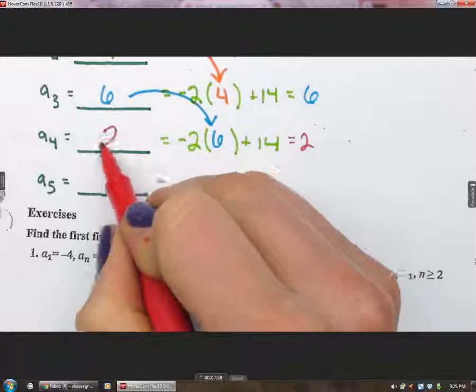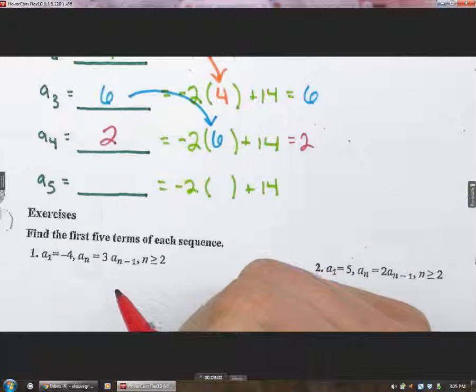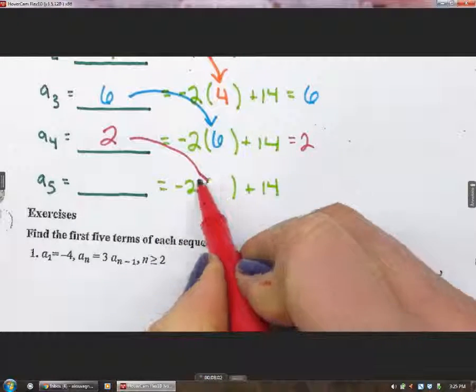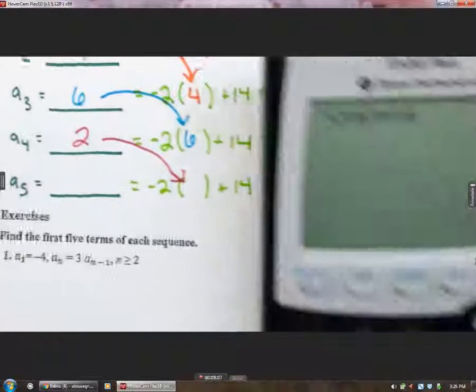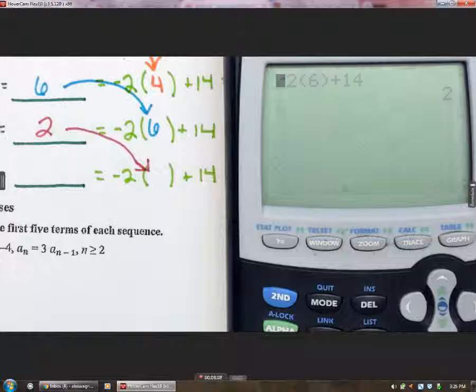That's the number I'm going to write on this line. And my last step here, I'm going to plug this in. And I got 10. That doesn't seem right. I guess it is, yeah, because it's not as negative.